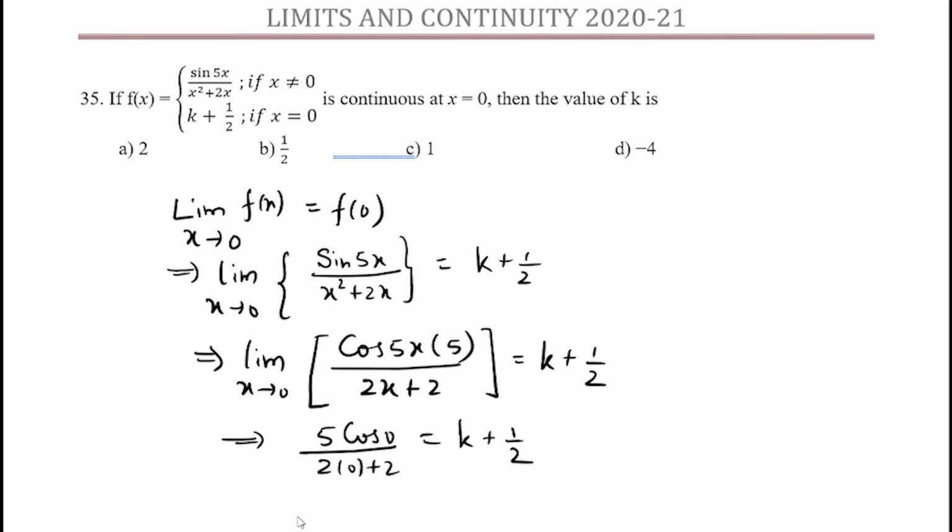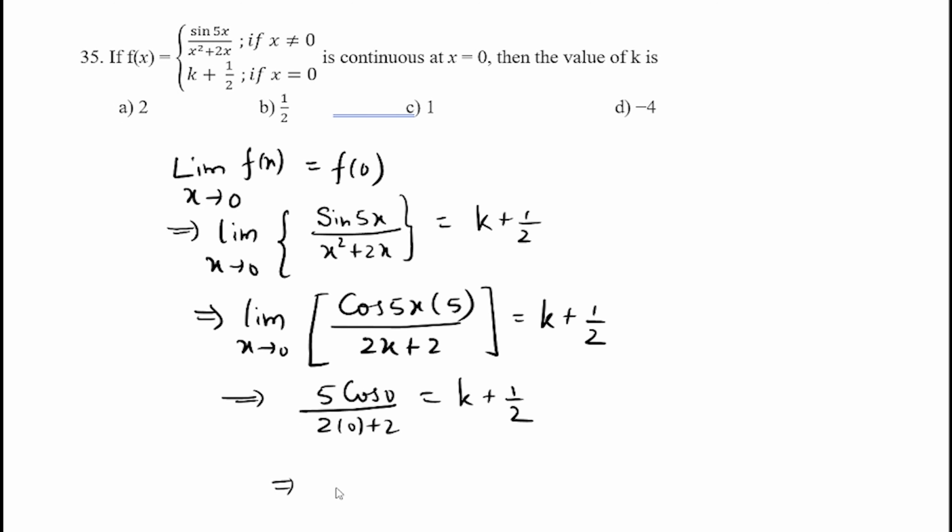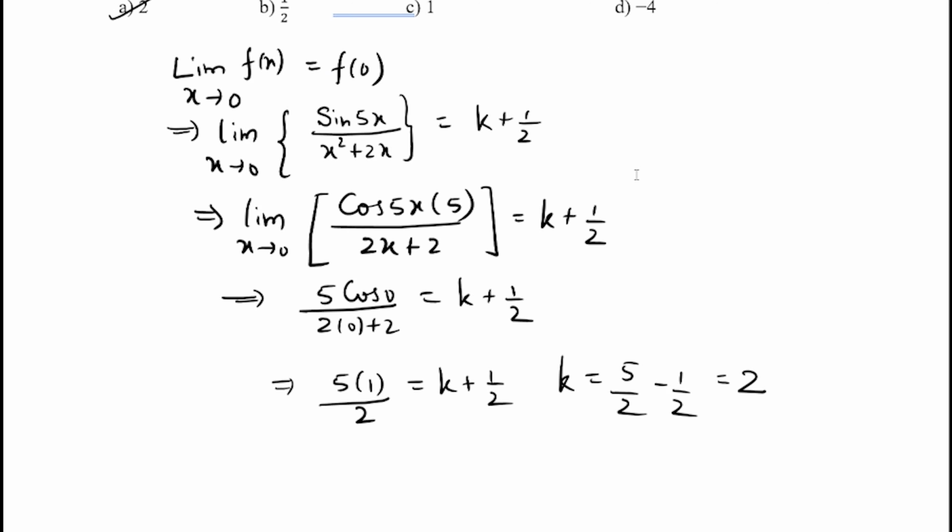This implies 5 into cos 0 is 1, divided by 2 into 0 plus 2 is 2, is equal to k plus 1 by 2. Therefore, k is equal to 5 by 2 minus 1 by 2, that is 4 by 2, that is 2. So the value of k is 2. Option A is the right option.